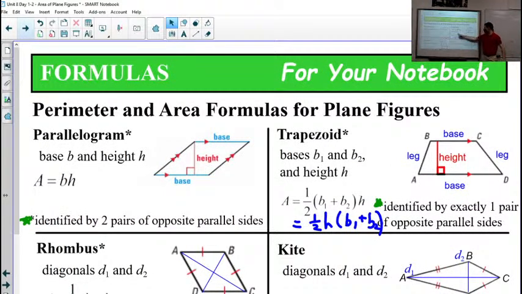Trapezoid: this is just two different ways to write the exact same formula. It's just taking the height and rewriting it out in front. Either way you want to write it. There's about 4 or 5 different ways that different books will write this formula. But the way I usually like to say it is average of the bases times the height.